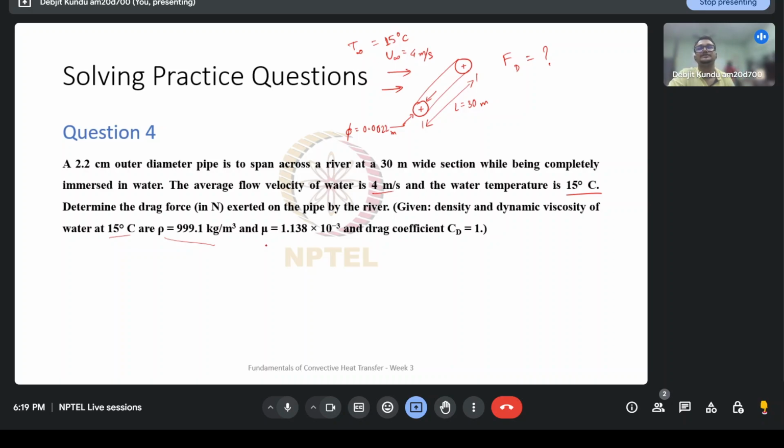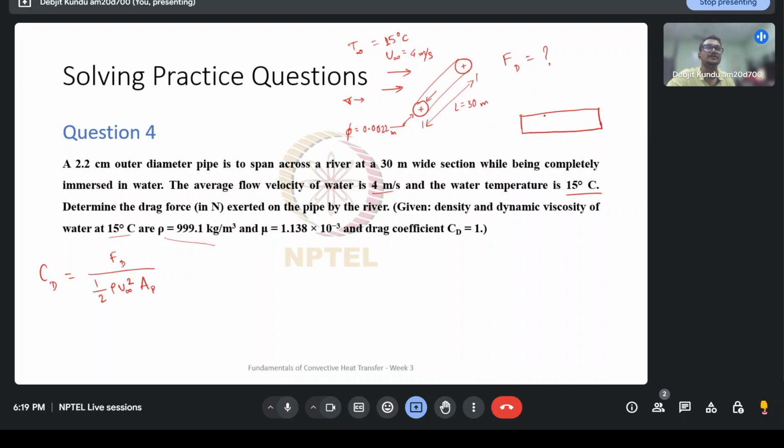So the way to do this is, we first start with the CD. The coefficient of drag, as we know, is basically the drag force normalized by the stagnation pressure, which is rho u infinity square by 2, multiplied by the projected area of the body. So this is a bluff body. If I now look from the direction where the flow is coming in, I would simply view this cylinder as a rectangle.